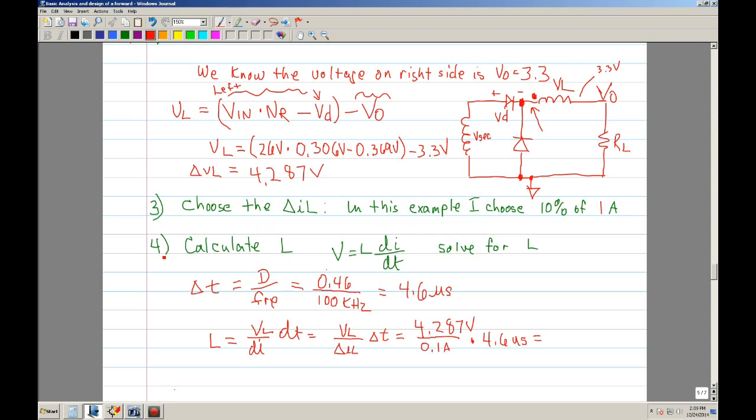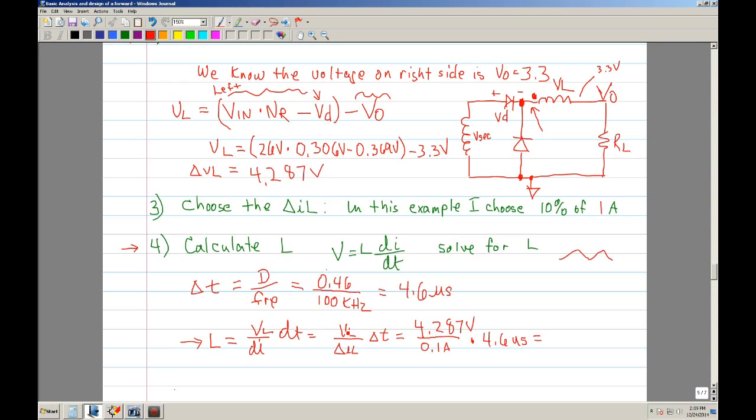Now the fourth step is to calculate the value of L to get that ripple current. So we use the voltage equals L times di dt. We solve for L, so you end up with this equation. Now we just plug in the numbers.